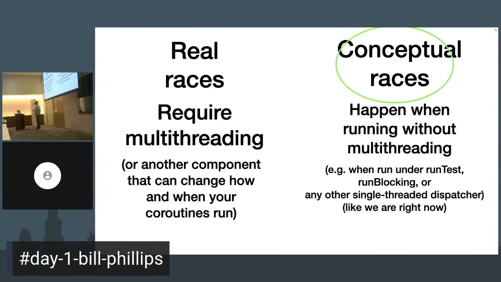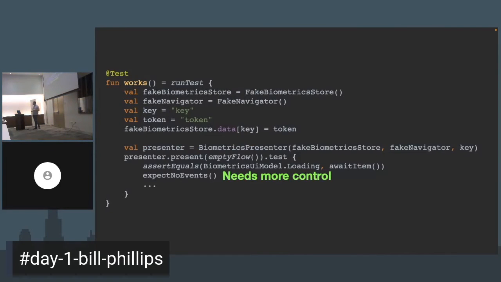So these conceptual races are what we have right here, and we're generally okay with them. However, we would like to minimize them. The reason we want to minimize them is that these conceptual races hamper our ability to write a test that does exactly what we expect it to do the first time we run it. We have to run it to figure out what it's going to do.